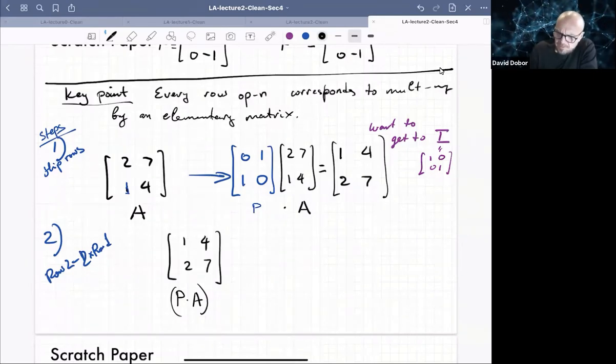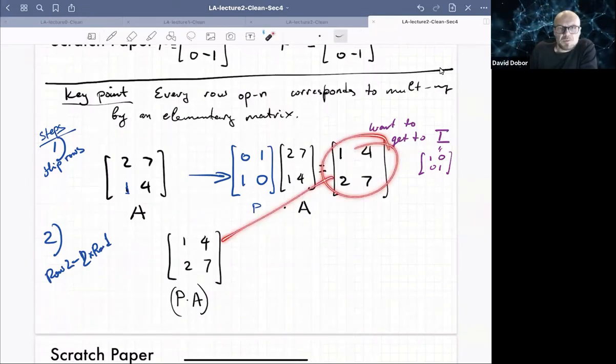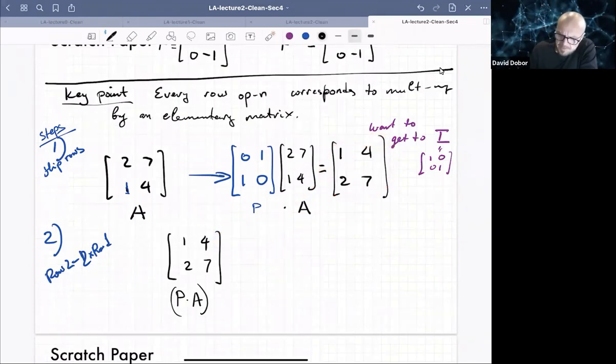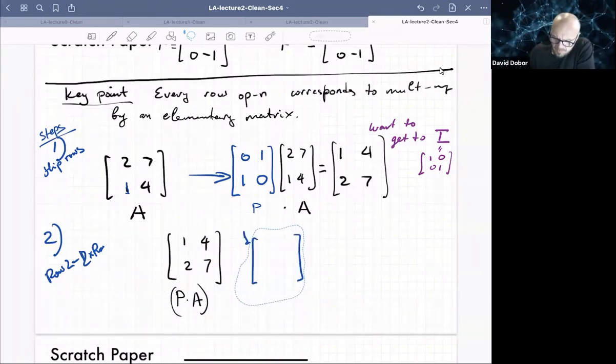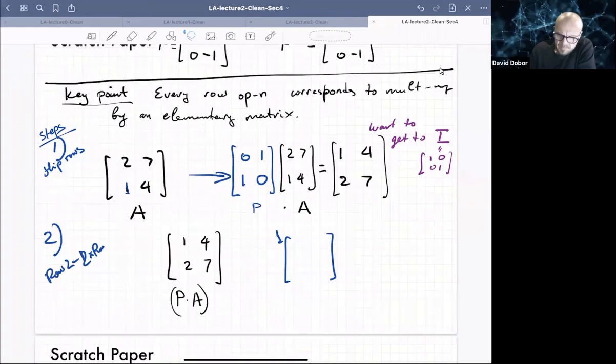The guy that I got on the previous step goes here. And I'm multiplying this guy by some matrix that does that. What will that be? Where do I get to?